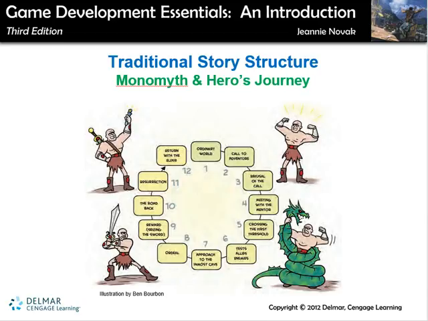Out of the 12, there's the ordinary world, the everyday home of the hero. So that's where they're going to start out, in their home world. And then there's a call for the hero to go on a quest, to go on an adventure.